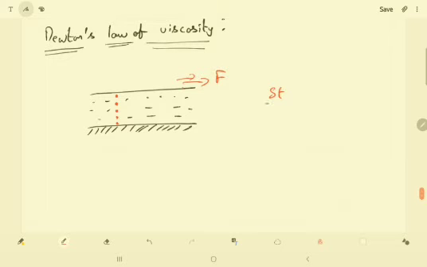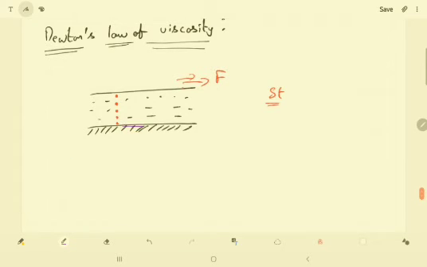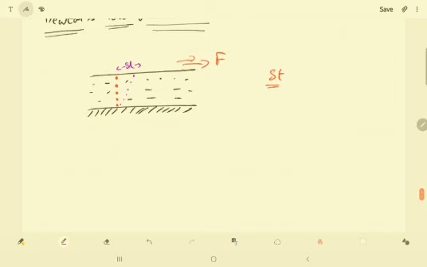That means after some time of delta t, if we observe the fluid, it will be looking like this. It may be delta L. The angle it made over here be delta alpha.